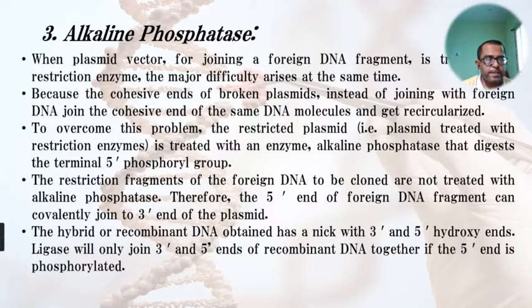This restriction endonuclease treated plasmid vector is further treated with alkaline phosphatase. But the source DNA fragments, which we have treated again with restriction endonuclease enzymes, are not exposed to the alkaline phosphatase enzyme. Here only the vector which we have chosen and treated with the restriction endonuclease enzymes is exposed to this alkaline phosphatase enzyme.